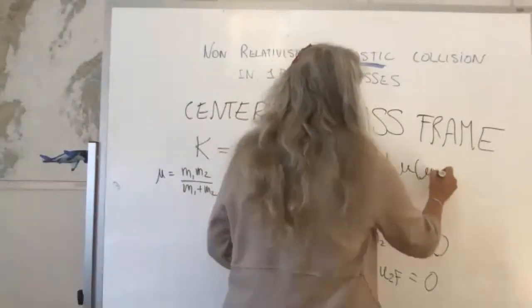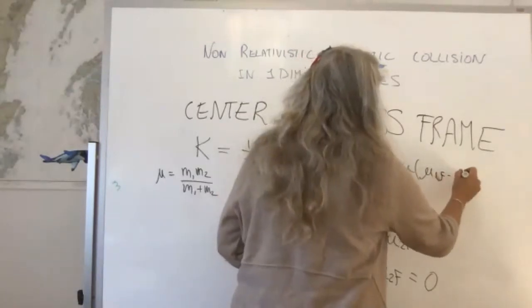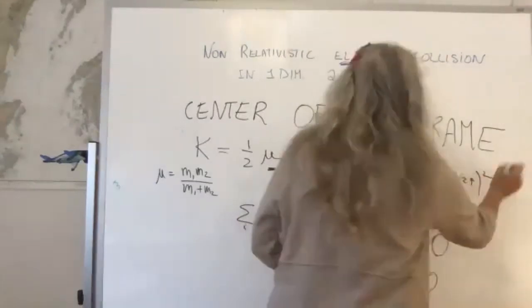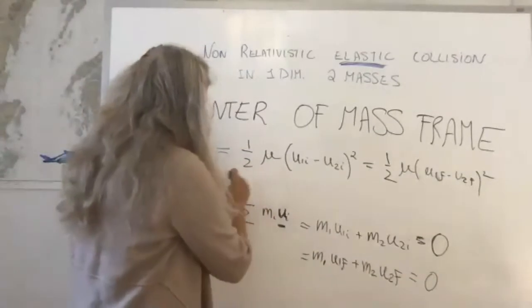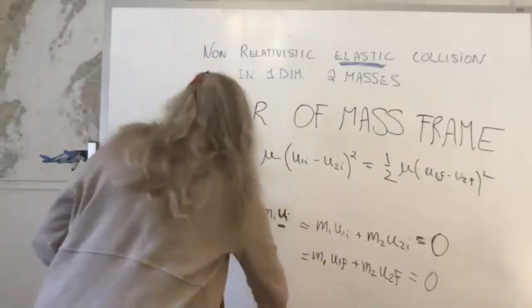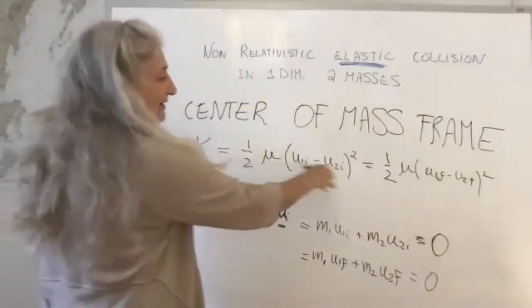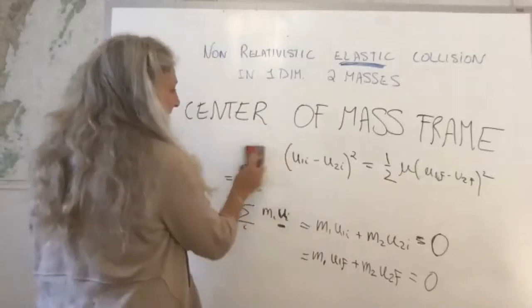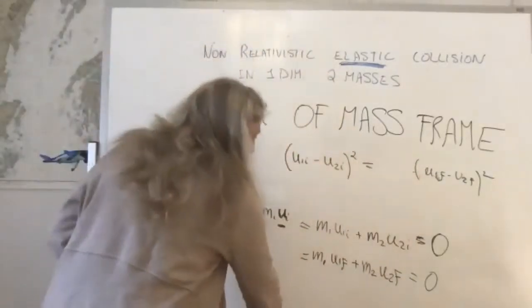So I have (U1i minus U2i) squared equals (U1f minus U2f) squared. There's 1/2 mu on both sides, so we can get rid of the 1/2 mu pretty easily.